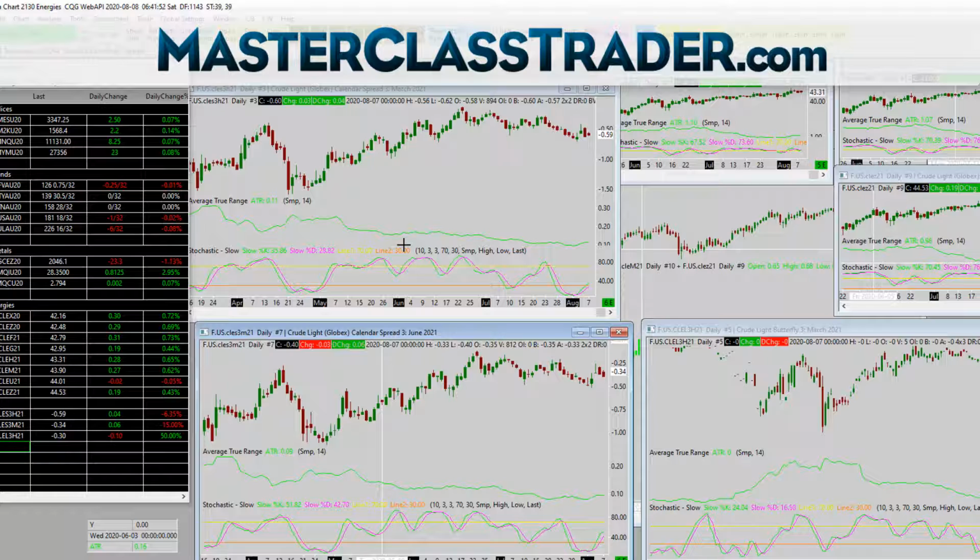Okay. And there are several reasons that people would trade butterflies over other spreads. The first one people look at is that it's a much less risky way to trade, which is true. Your margin will be very low because there's not a lot of risk here. But that's no reason to necessarily trade.